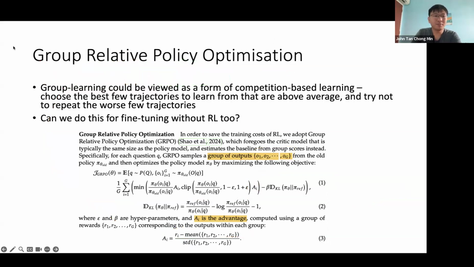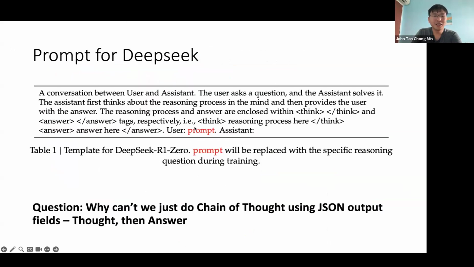Okay, I spent quite some time here because I think this is more or less the main thing for DeepSeek R1. All right, so the other thing for DeepSeek is that in order to generate good trajectories, your base data set doesn't really contain chain of thought.